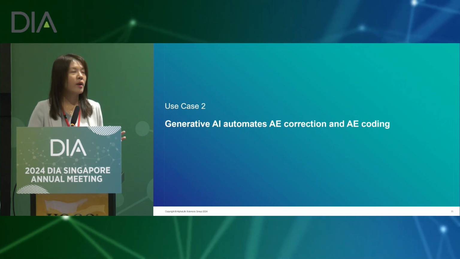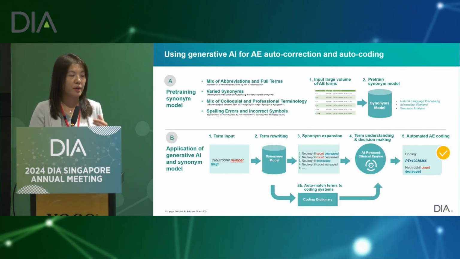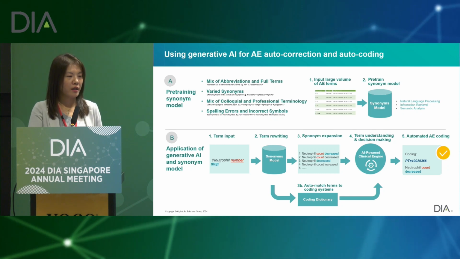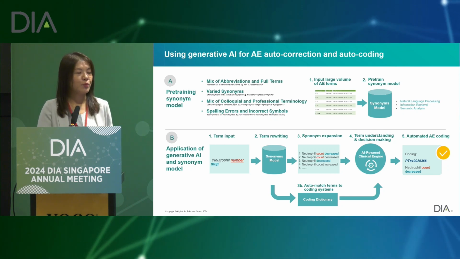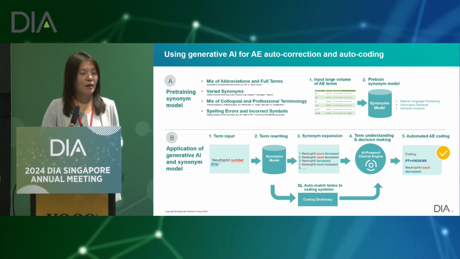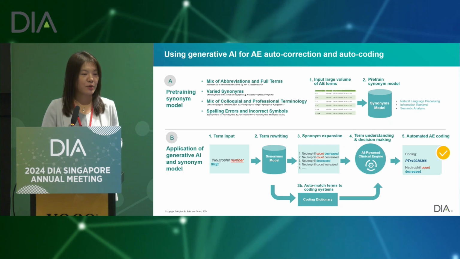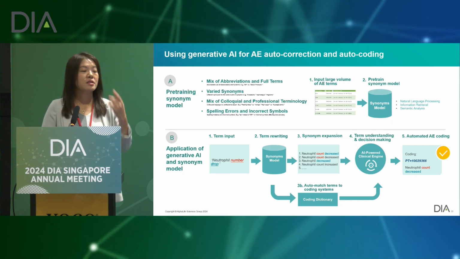Okay, and the other one is once we have the adverse event data coming in from our first line users, a lot of times we find there are issues with a mix of abbreviations, different synonyms for the same terms, or a mix of terminology, and most likely there may be spelling errors.